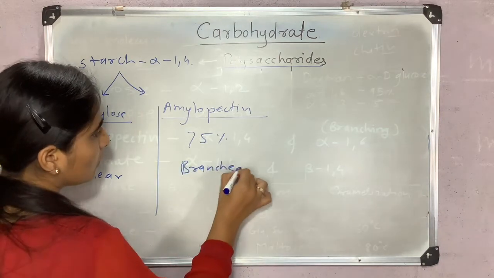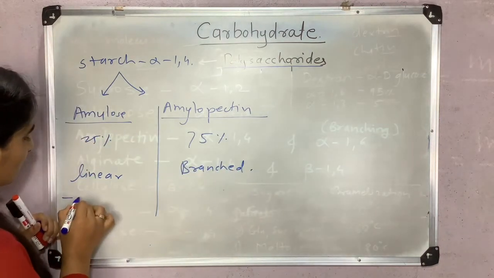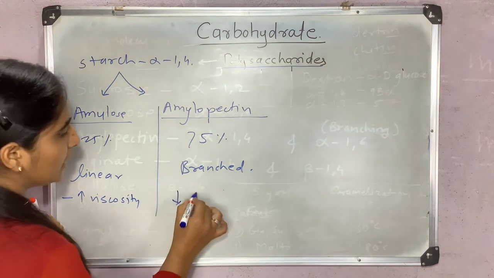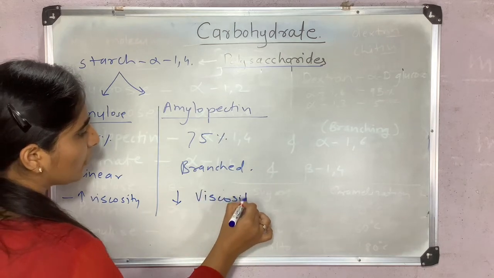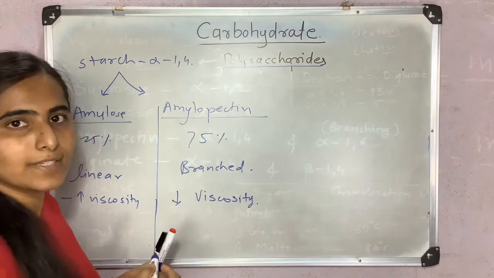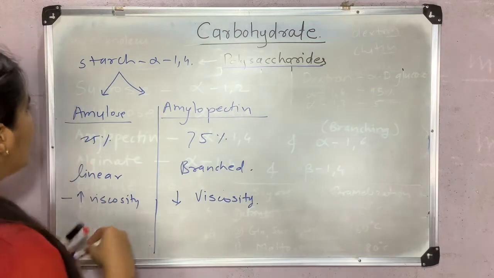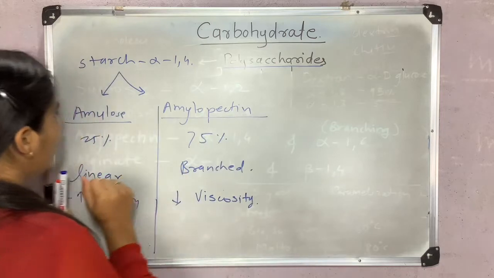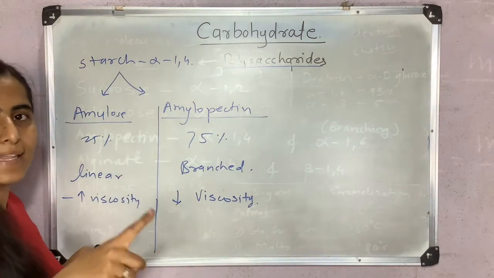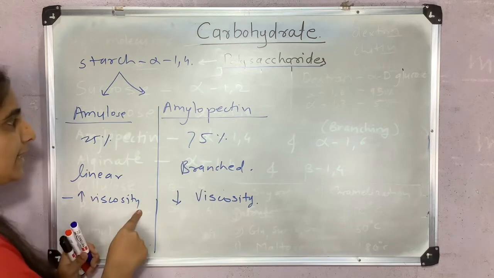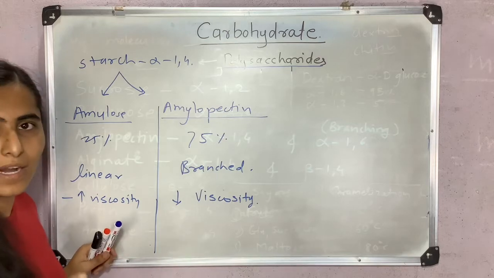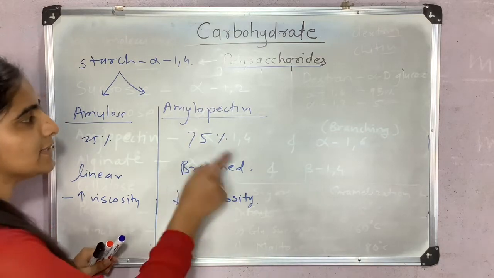I told you linear ones have greater viscosity and branched ones have lower viscosity due to less hydrogen bonding, as the branches of amylopectin prevent hydrogen bonding. And one more thing, amylose can be hydrolyzed completely by alpha amylase and beta amylase, and amylopectin cannot be completely hydrolyzed by alpha amylase and beta amylase enzymes.